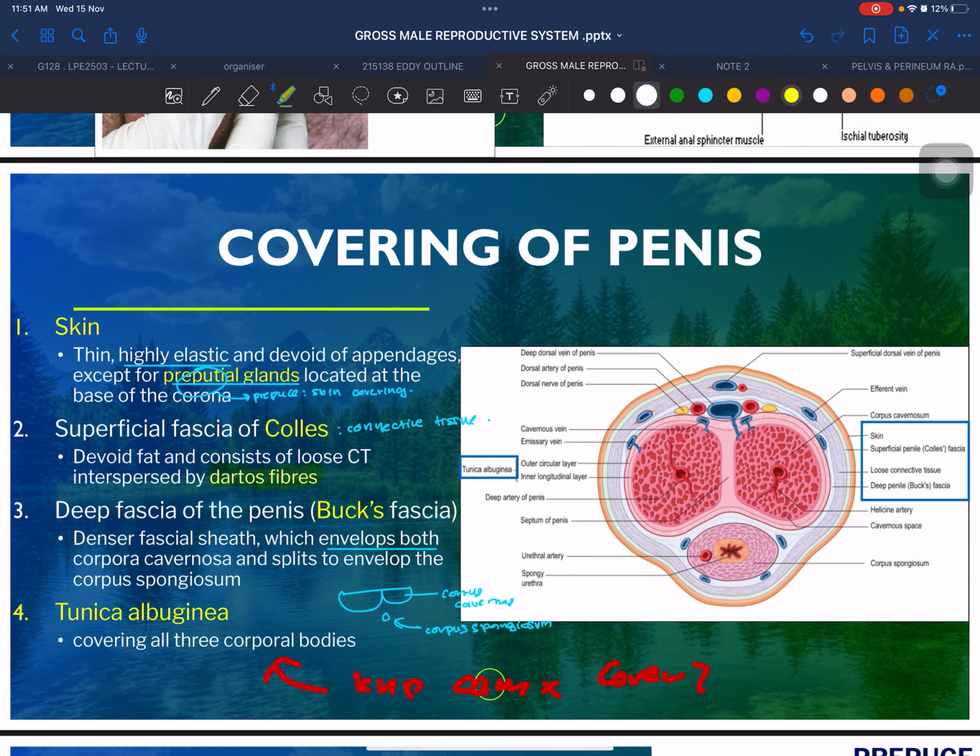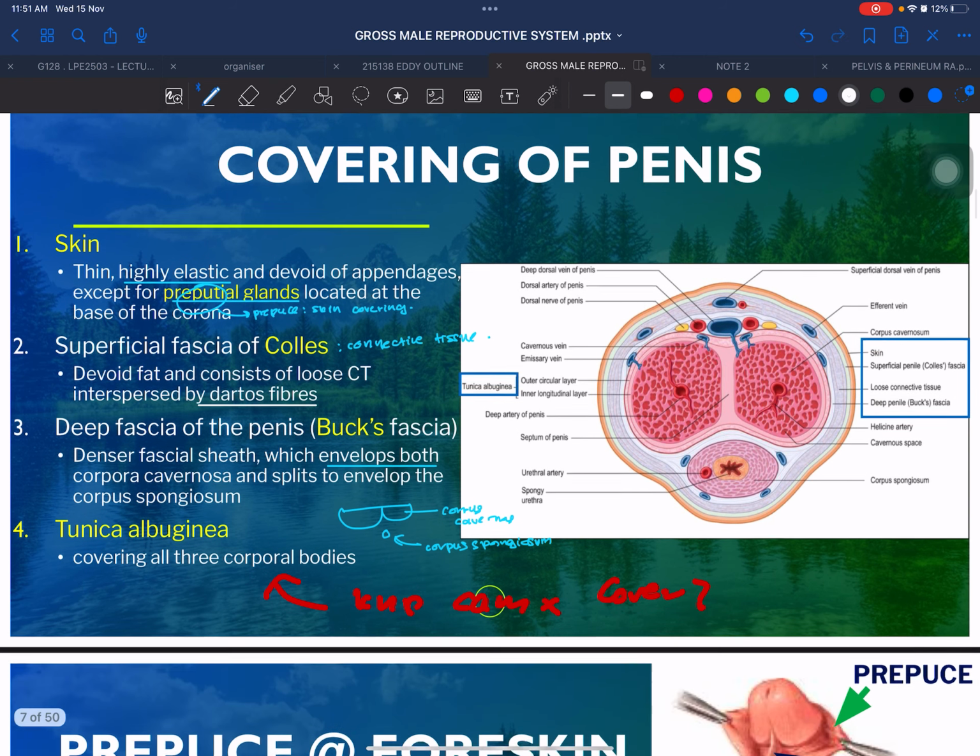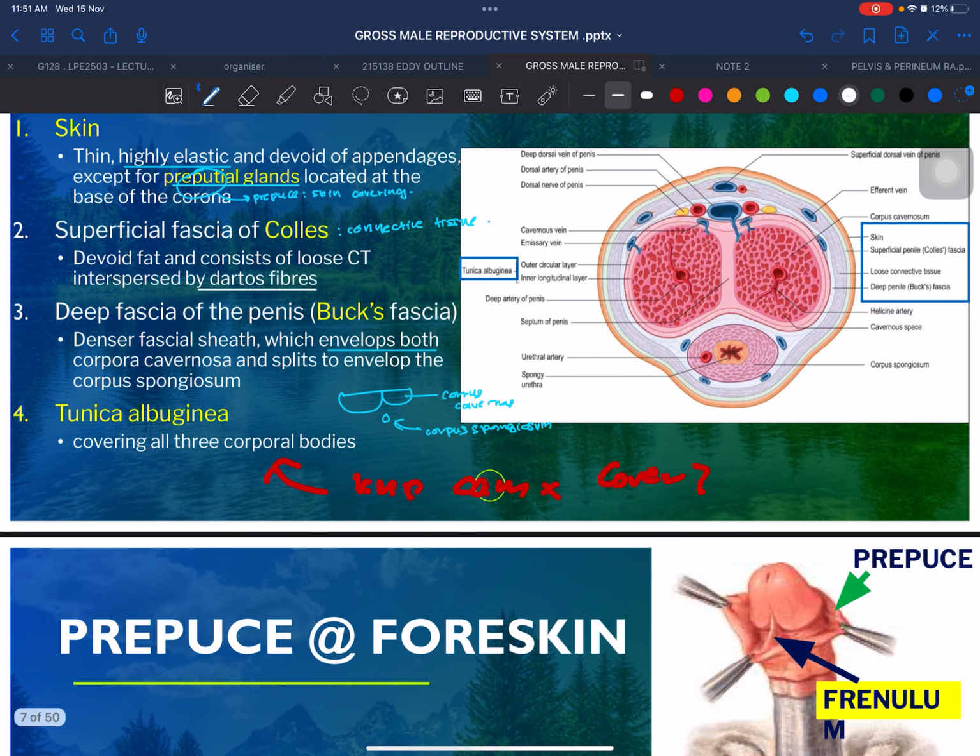Denser fascial sheets that envelop both corpora cavernosa and split to envelop the corpus spongiosum. Okay, yeah, the Buck's fascia. Okay, this one. They cover both corpora cavernosa and corpus spongiosum. And last but not least, the tunica albuginea, the deeper one, covering all three corporal bodies as well.